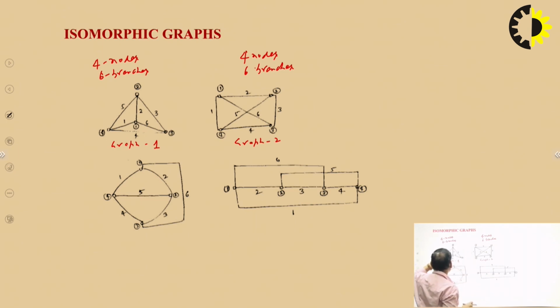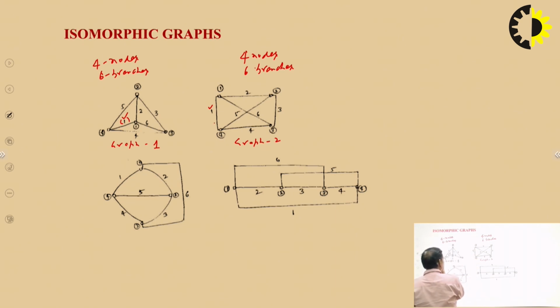So look at branch number 1. It is between 1 and 4 in graph number 1. In graph number 2, branch number 1 is also between 1 and 4.